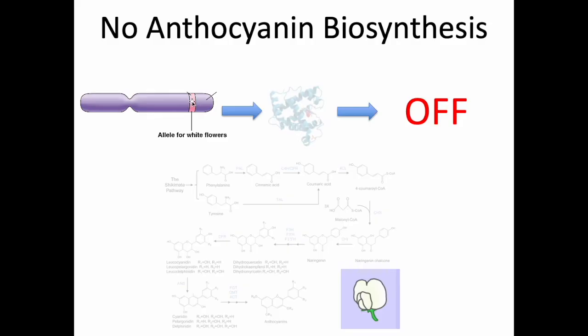So this white allele encodes a protein that doesn't do anything. So it's not going to switch on the pathway. Without the pathway switched on, none of these chemical reactions are going to happen. You're not going to build anthocyanins, and so the flowers are not going to look purple. They're going to look white, which is sort of like the default color for most things.